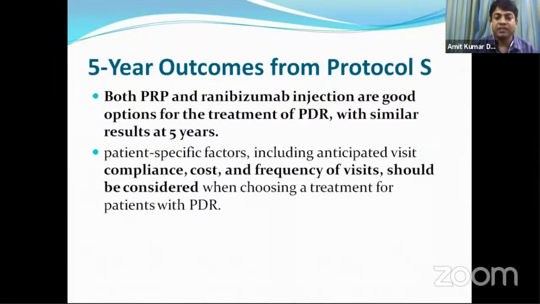However, patient-specific factors, including anticipated visit compliance, whether the patient can afford the injections, the cost factor, and frequency of visits should be considered, and it should be individualized for each patient, and then you should decide on whether to use laser or ranibizumab injections in patients with PDR.